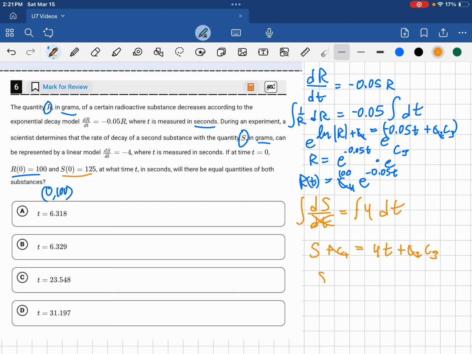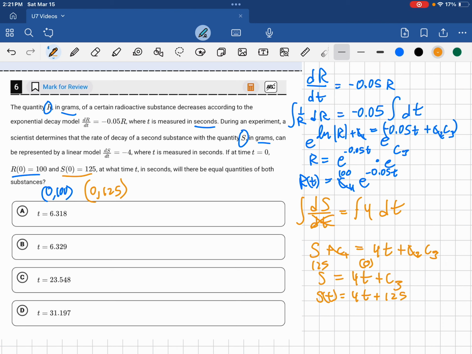And now I have S equals negative 4t plus C sub 3. Again, for this one, our initial value is 125. If I plug the 0 in right here and put 125 in right here, then you would clearly see that S of t would equal negative 4t plus 125, since C sub 3 is 125.